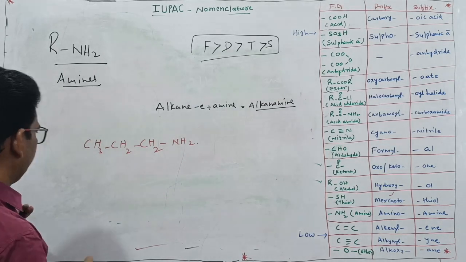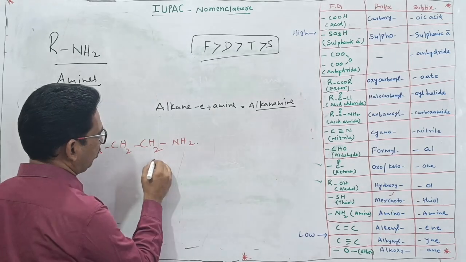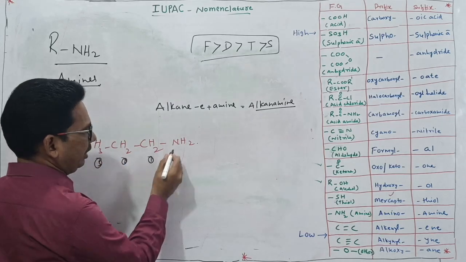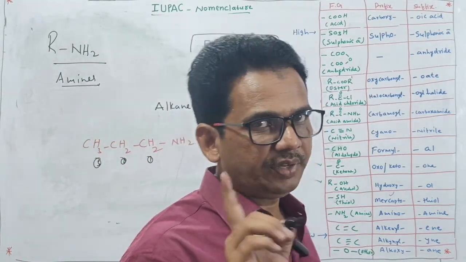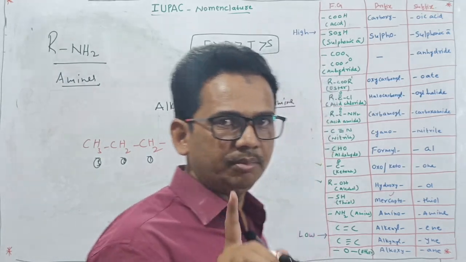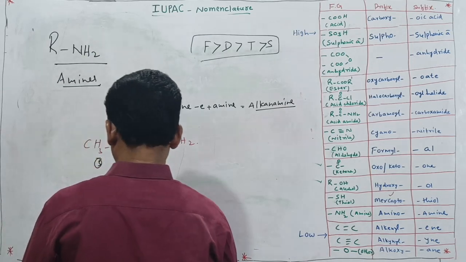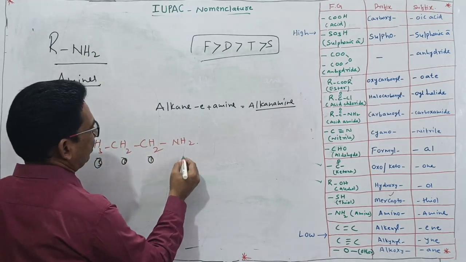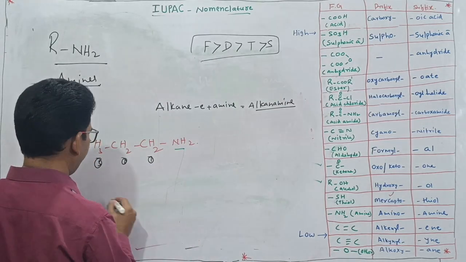Now see, how many carbons does it have? 3. Numbering from which side do I have to start? From here. 1, 2, 3. Nitrogen: don't give the number to the nitrogen. If carbon is there, then only you have to give the number. Remember that. Now see, in this case only one functional group is there, that we are writing as the suffix.